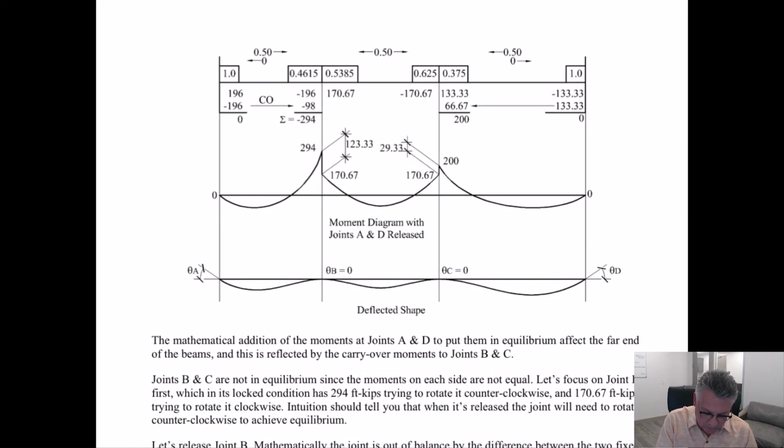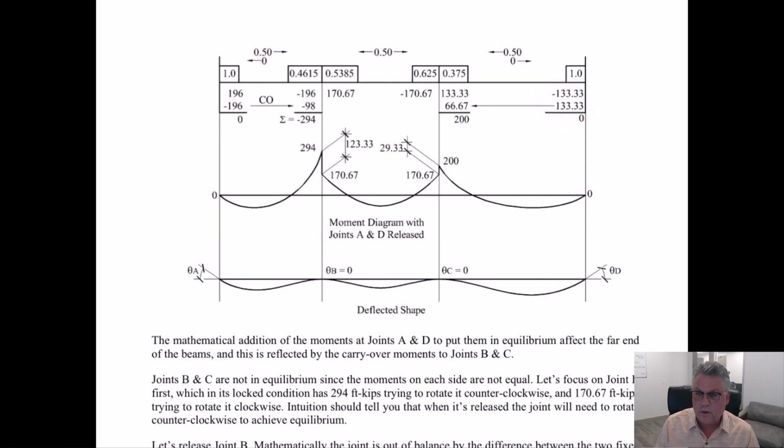So, to put this joint in equilibrium, it's got 196 foot kips that it doesn't really have, or we know it's not going to have when it's over. So we've got to put a negative 196 there. That carryover factor, remember, half of that will go to this joint. Same thing over here.